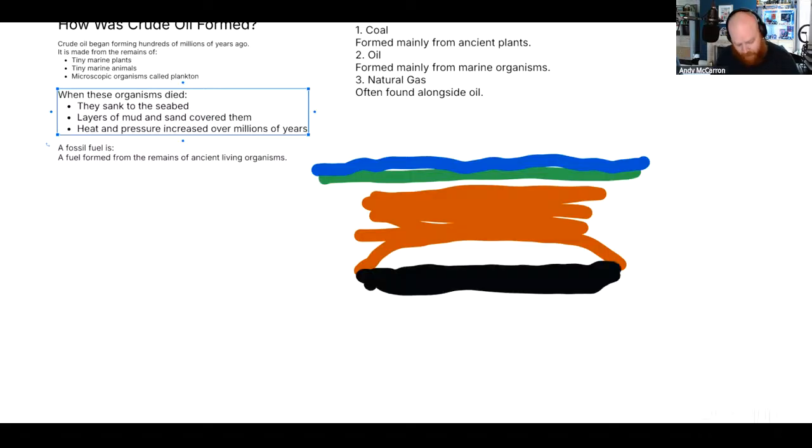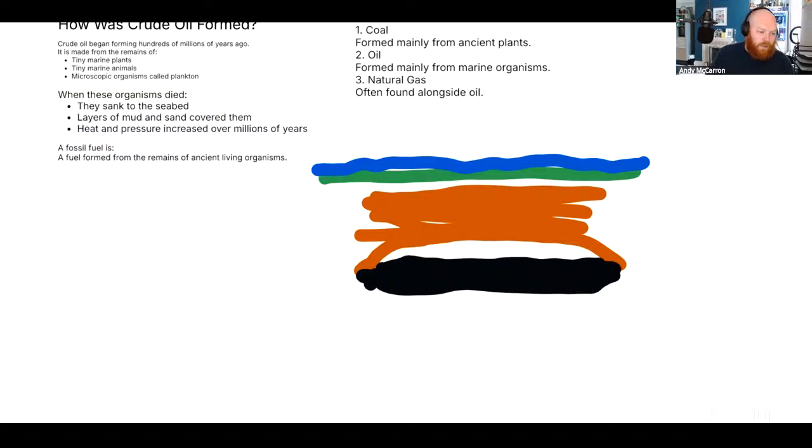And as it's getting crushed, we end up with a little natural gas pocket here. Let me place it down. So what normally happens is we end up with our natural gas, like a little pocket above our crude oil.